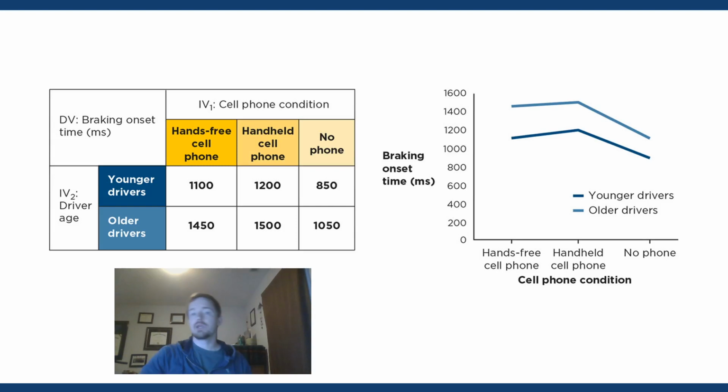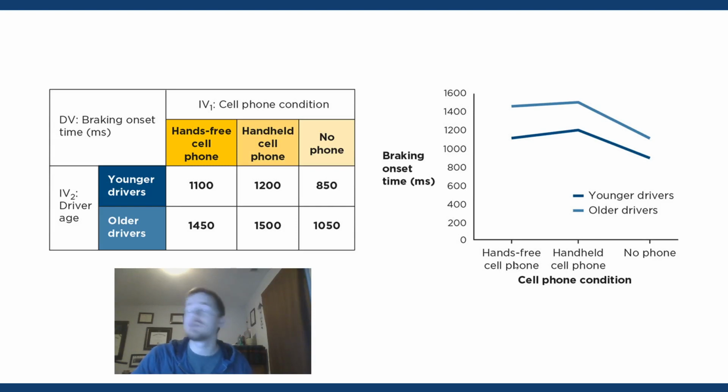So what we're looking at here is a main effect, but we're also seeing another effect, and that effect is an interaction. There is an effect of young drivers and an effect of old drivers, and that does make a difference. It also makes a difference across the conditions: there is a difference between handheld cell phone and no phone, but probably not much of a difference between handheld and hands-free.